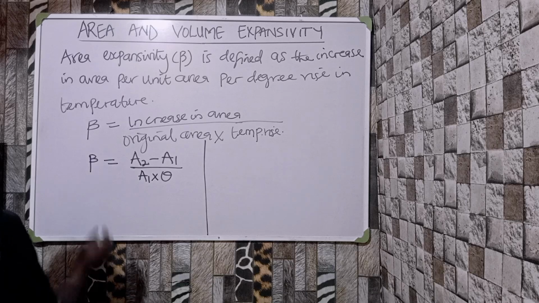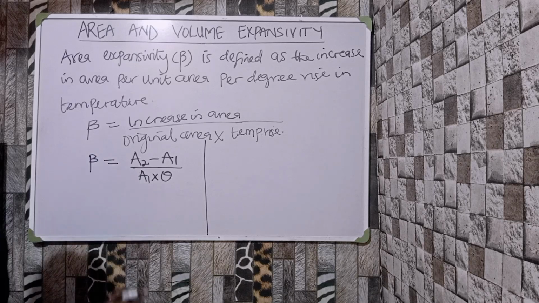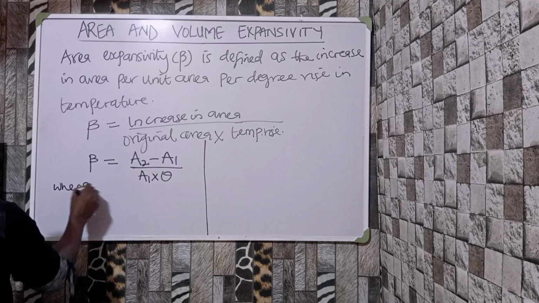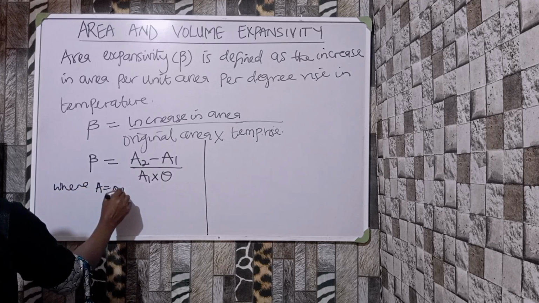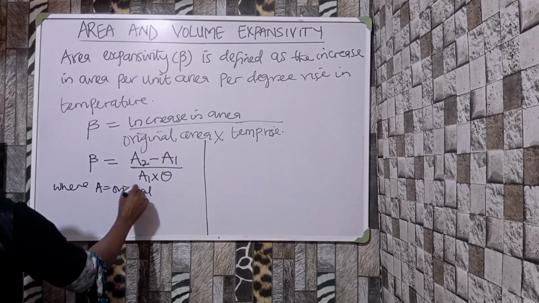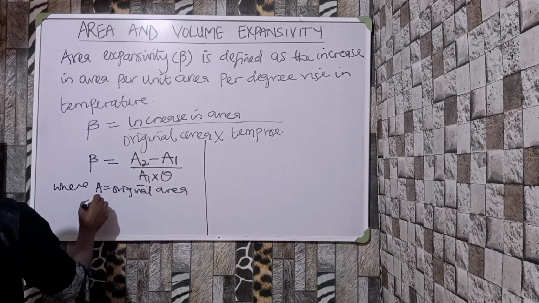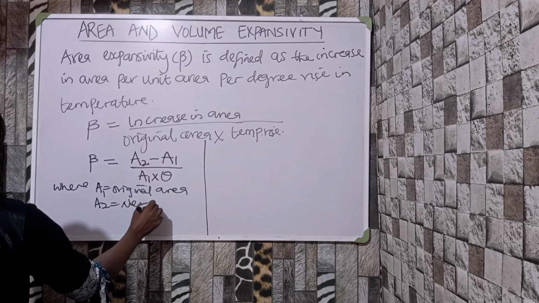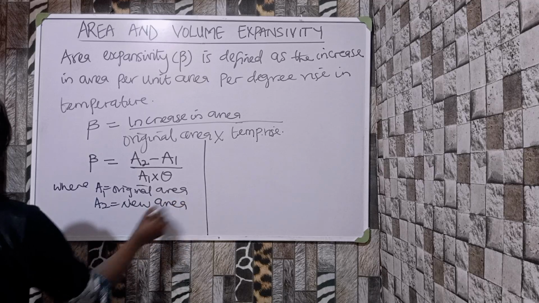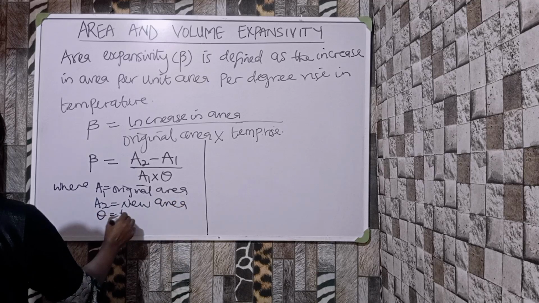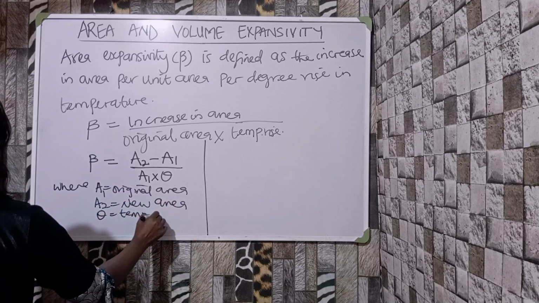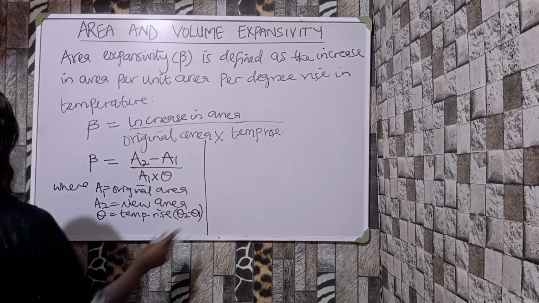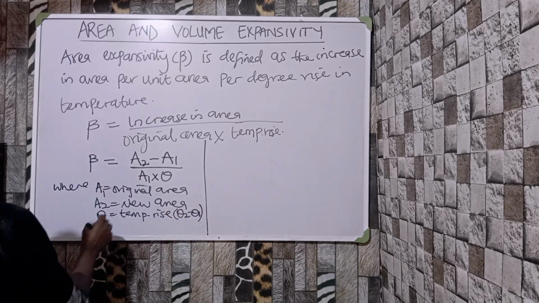Okay, all right, this is if I am asked to find the area expansivity, where A1 is the original area, A2 is the new area, and theta is the temperature rise, which is the same thing as theta 2 minus theta 1, that is if you have two different temperatures.